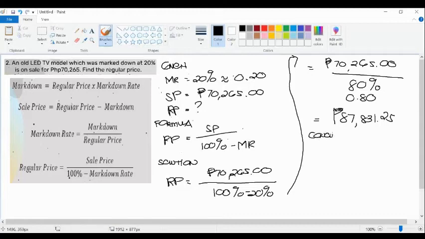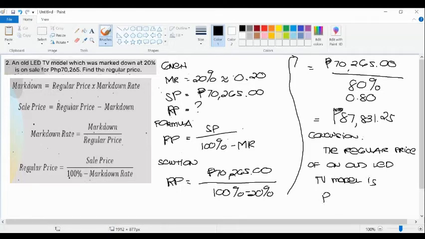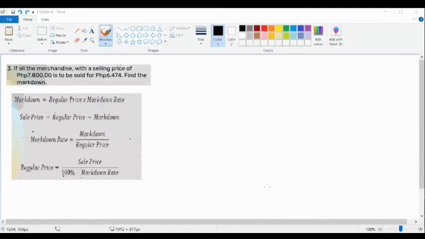So therefore, the regular price of an old LED TV model is 87,831.25 pesos.